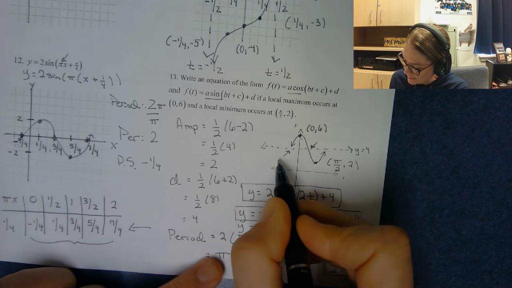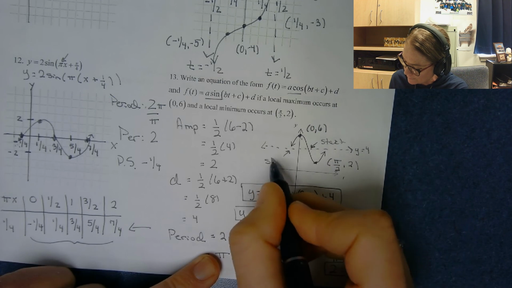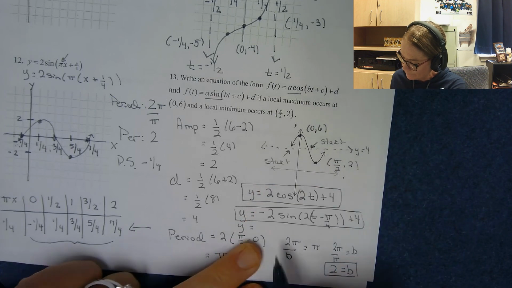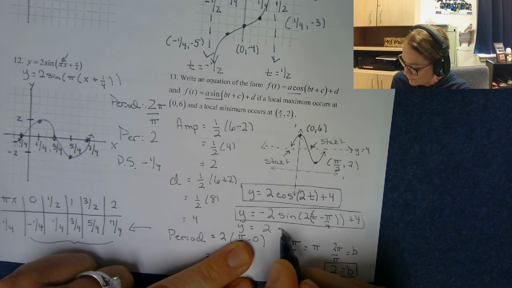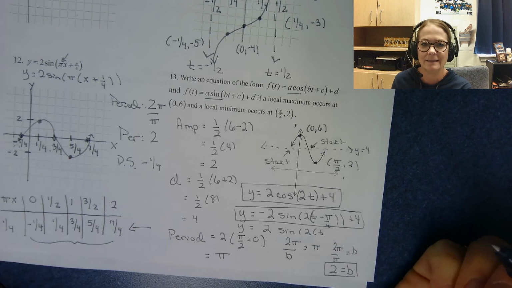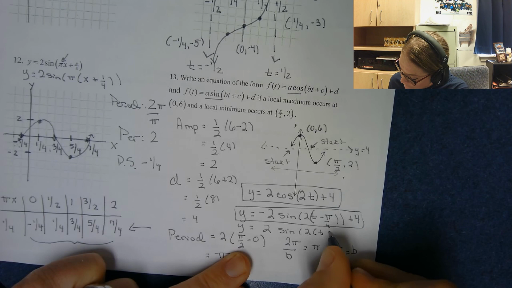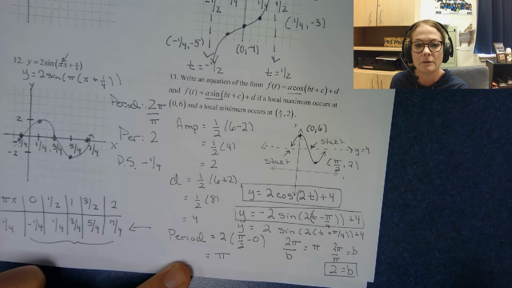Let's say we started here. That would be sine at the midline heading upwards. That would be positive 2 sine, 2 in parentheses, t, and that's going to be a phase shift left pi over 4. So this would be plus pi over 4 in parentheses, and throw in a vertical shift.